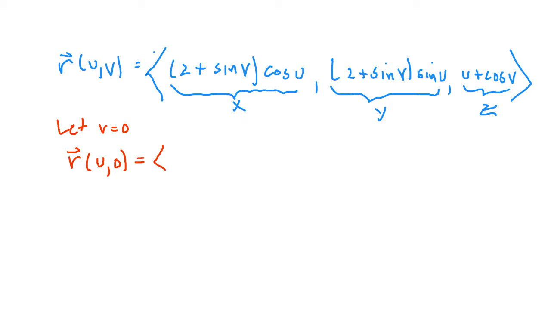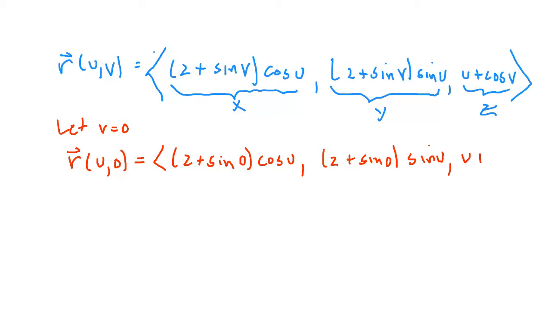Well, so you'd have 2 plus the sine of 0 times cosine of u, 2 plus the sine of 0 times sine of u, and then you'd have u plus the cosine of 0. We know the sine of 0 equals 0.